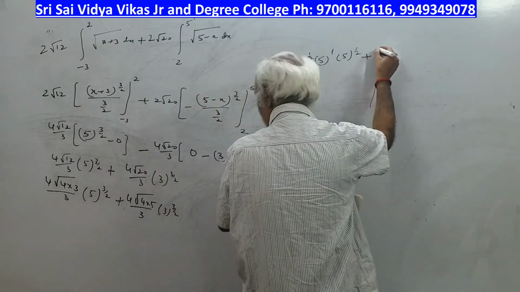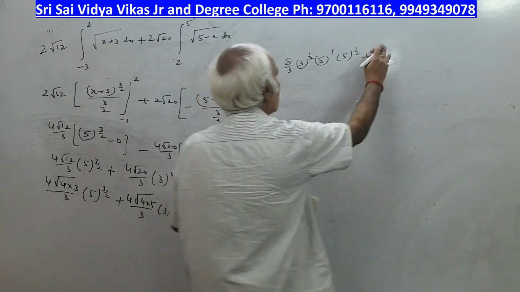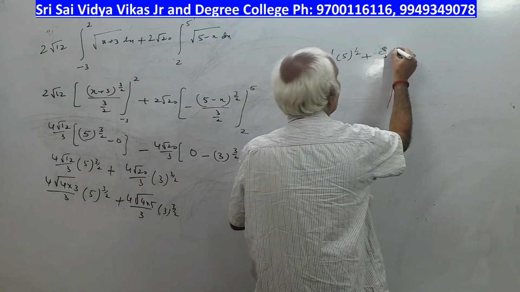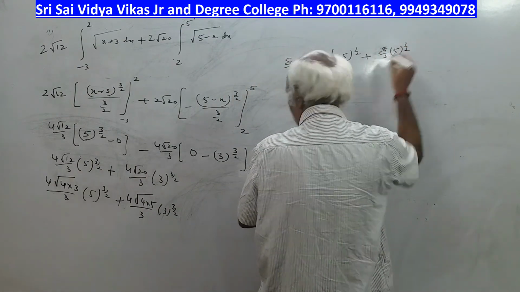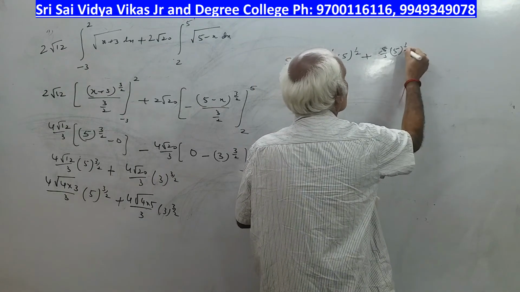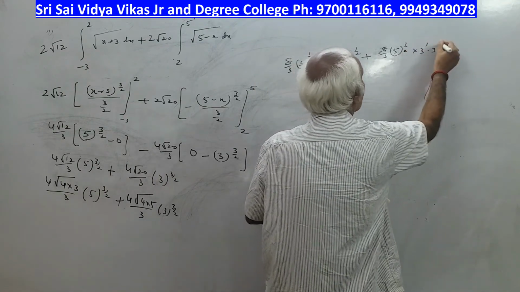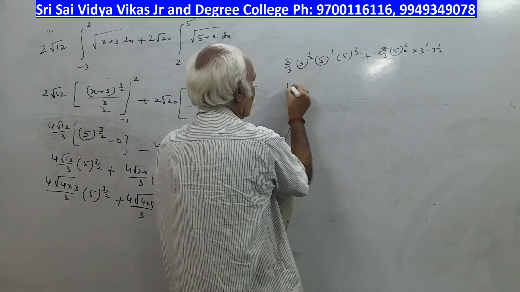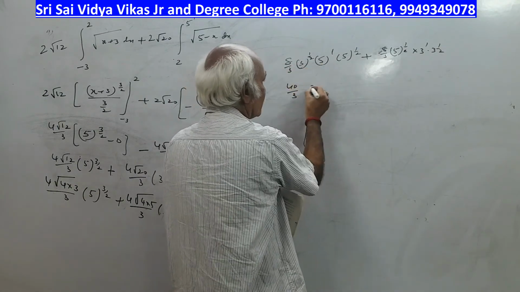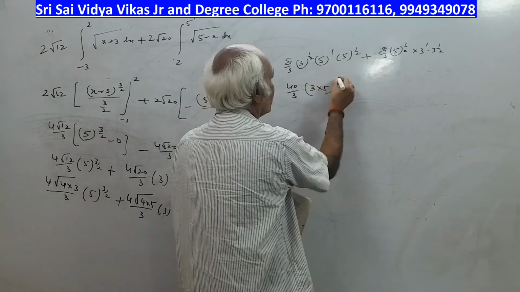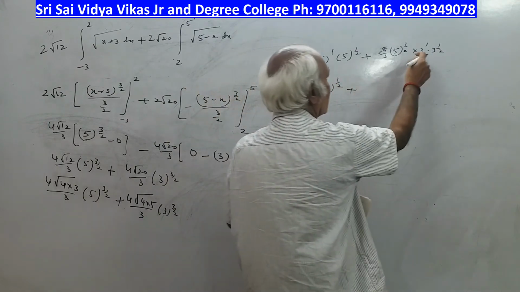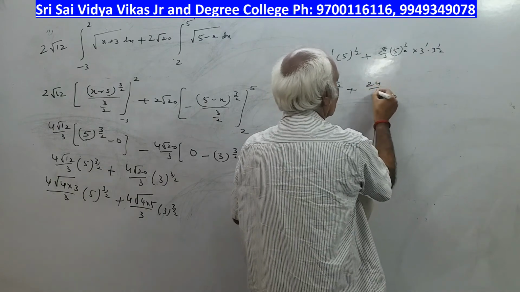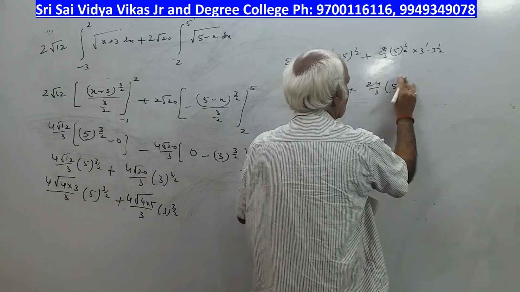Plus 4 into 2 is 8, 8 by 3, this will become 5 power 1 by 2, again 3 power 3 by 2, 3 power 1 into 3 power 1 by 2. So this becomes 5 into 4, 40 by 3, 3 into 5 to the power of 1 by 2. Here also 3 into 8, 24 by 3, 5 power 1 by 2.